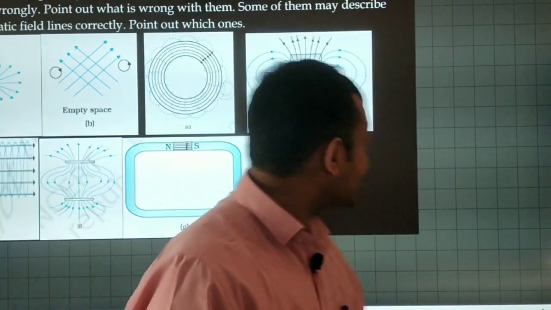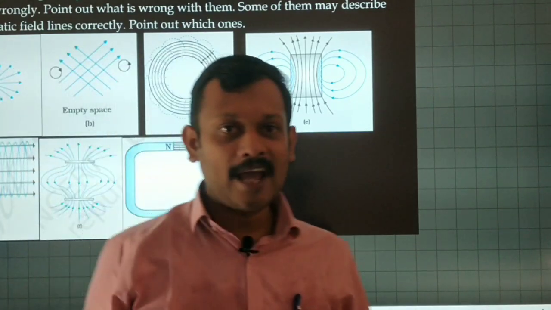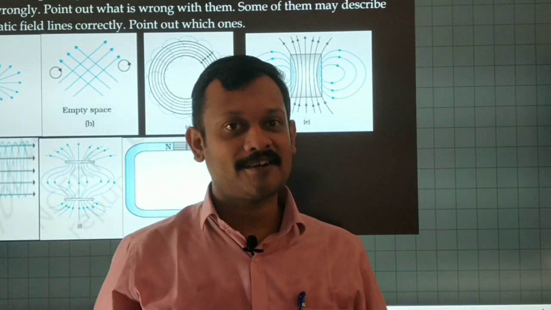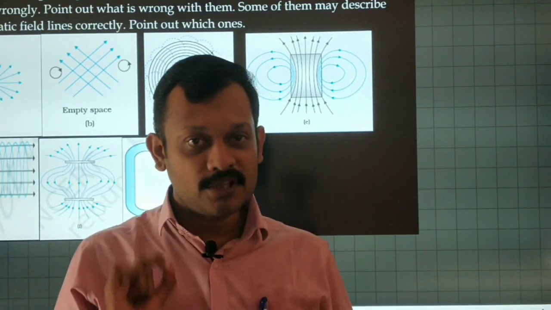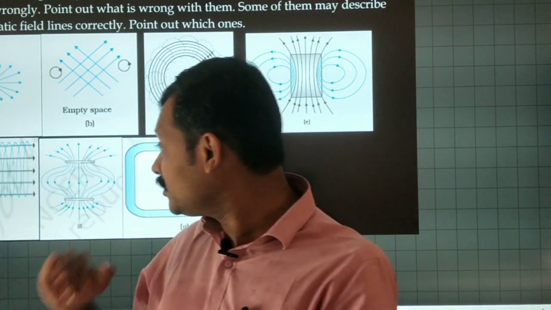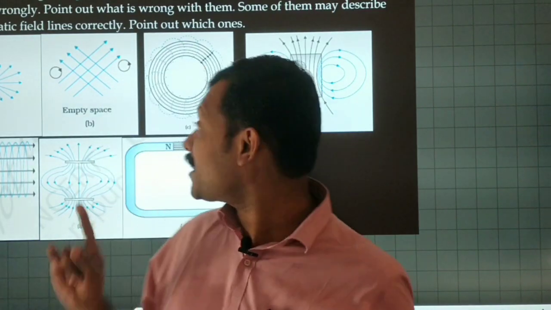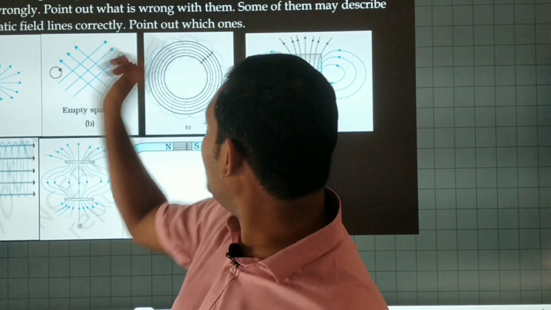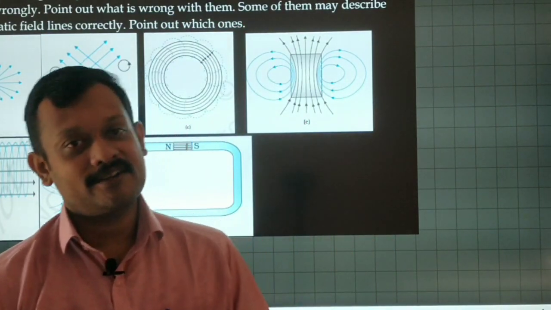Now we will move to an example from this one, example 5.6. I request all of you to take your NCERT book and go through this question by pausing this video for a minute. Based on the knowledge that we have up to now, tell me which of these represent magnetic field lines correctly, and which represent electrostatic field lines correctly.